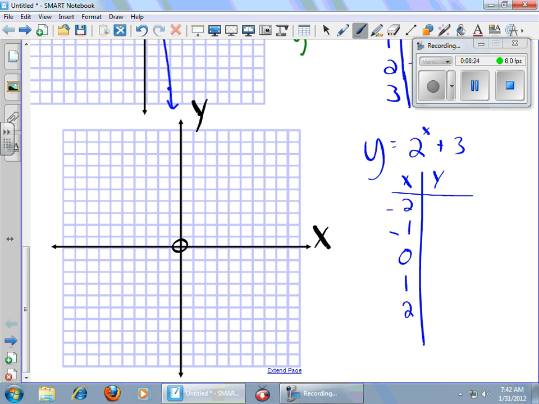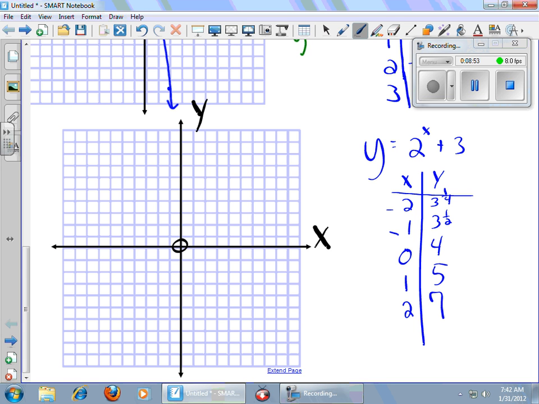Now 2 to the second is 4, plus 3 is 7. 2 to the first plus 3 is 5. 2 to the 0 power plus 3 is 4. 2 to the negative first is 1/2, so this will be 3 1/2. 2 to the negative second would be 1/4, so this will be 3 1/4.